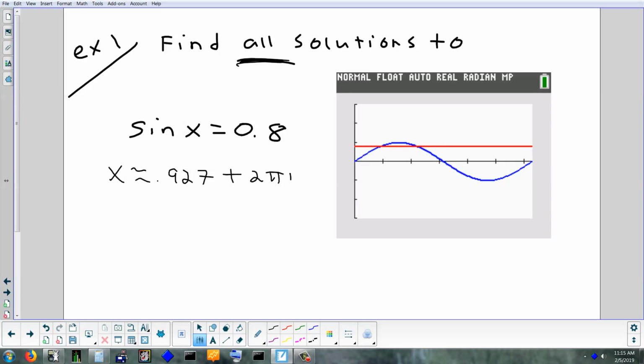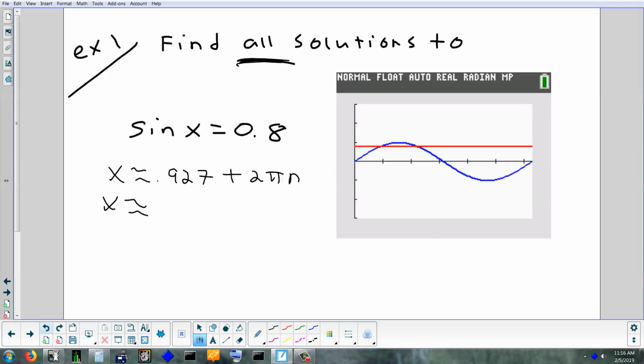Plus 2 pi n. If the problem said find every solution between 0 and 2 pi, that's all I would do. And I'd have one more to find, but I wouldn't put the plus 2 pi n. Only put that if they say all.